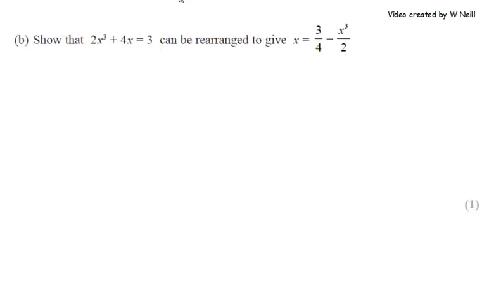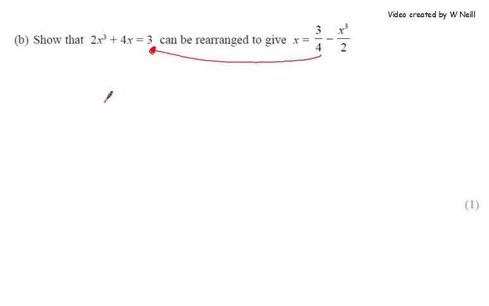Part B. Show that 2x cubed plus 4x equals 3 can be rearranged to give me this. Well, like I said in my class, you're actually better trying to get from there back. It's going to be easier to do that than go from there forward, so it's still full marks.